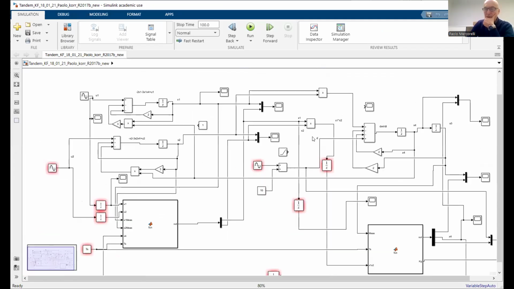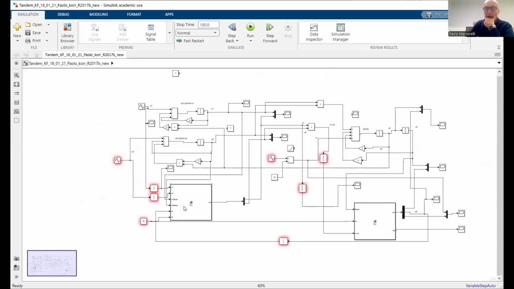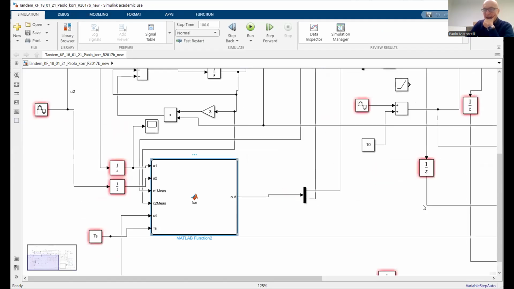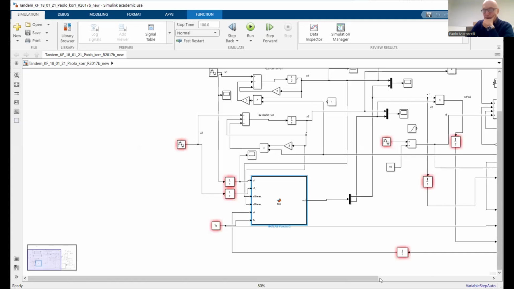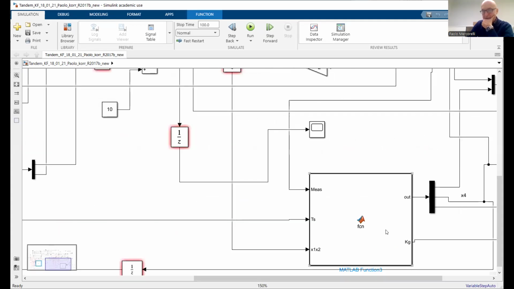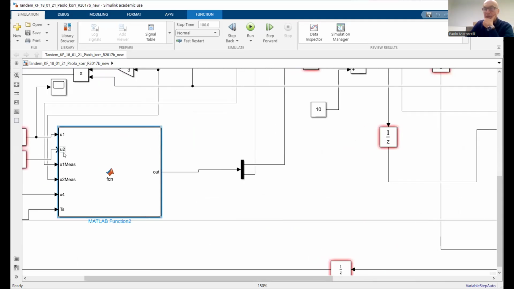First of all, it's easy to see that we have two Kalman filters, 1 and 2. This is the second one. We can see X4; we will go in depth later. Here is Kalman filter 1.